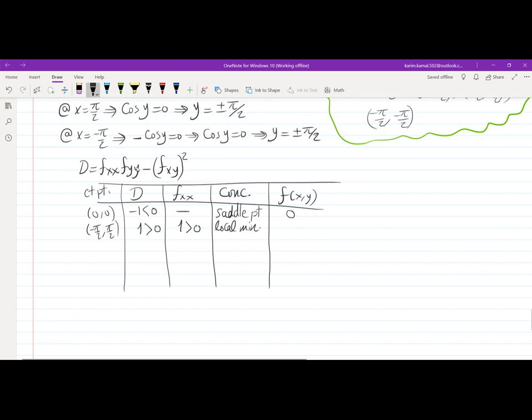We will repeat this for the other points, which is negative pi over 2 and negative pi over 2. D will also be 1, which is bigger than 0, and fxx will be negative 1, which is less than 0, so it is a local maximum, like we did before, and the value of the function will also be 1.